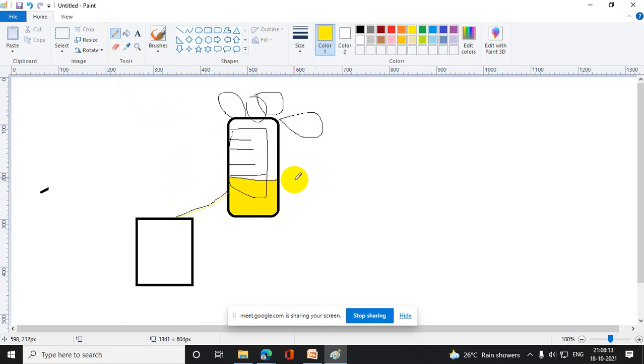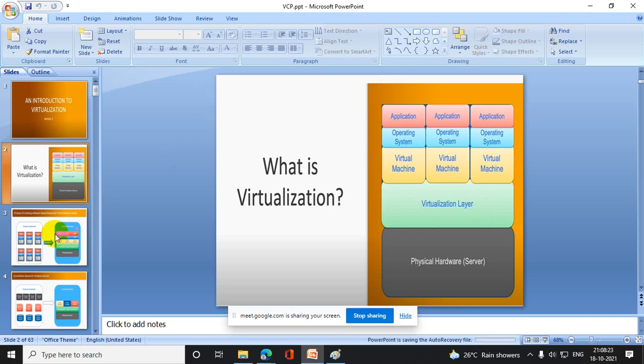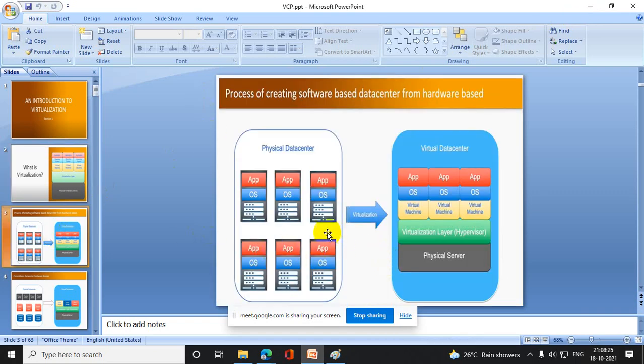Once you take the console session, inside that console you log in and you have options to create virtual machines over there. Clear? So this is the difference between your physical data center and virtual data center.